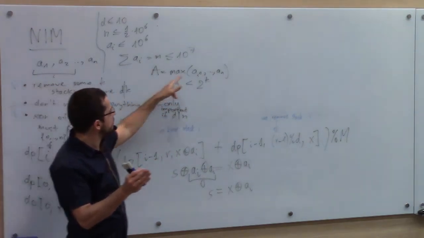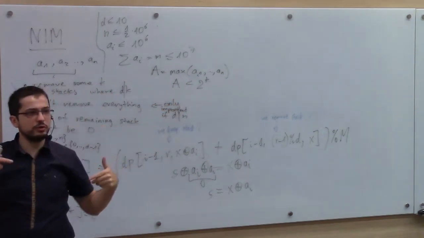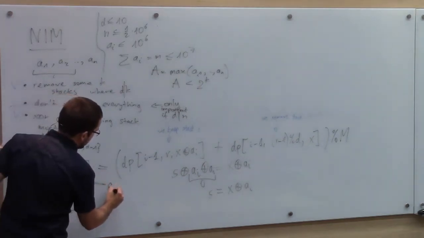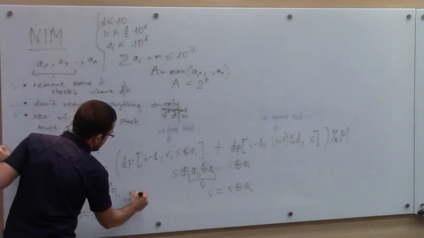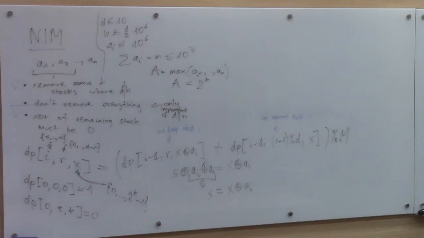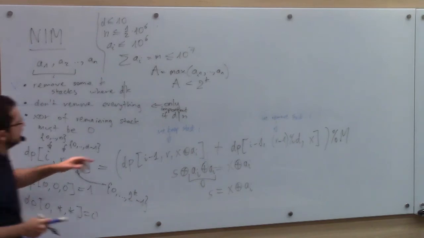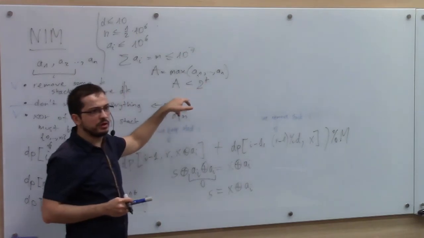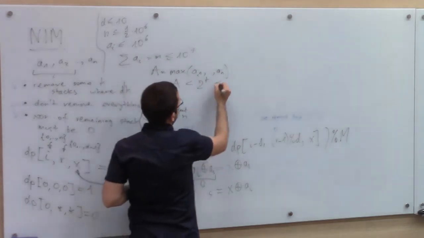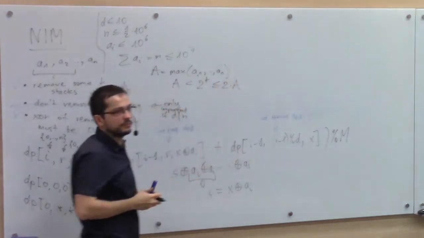If every number we would like to XOR fits into k bits, then the XOR also fits into k bits. So this number will be from 0 to 2 to the power of k minus 1, and this number can also be bounded from the upper side by 2 times A.